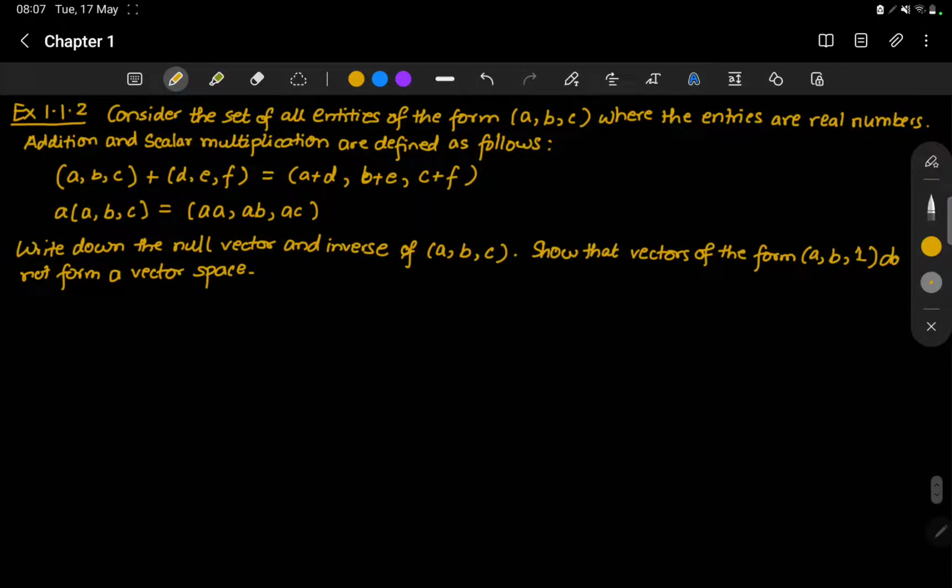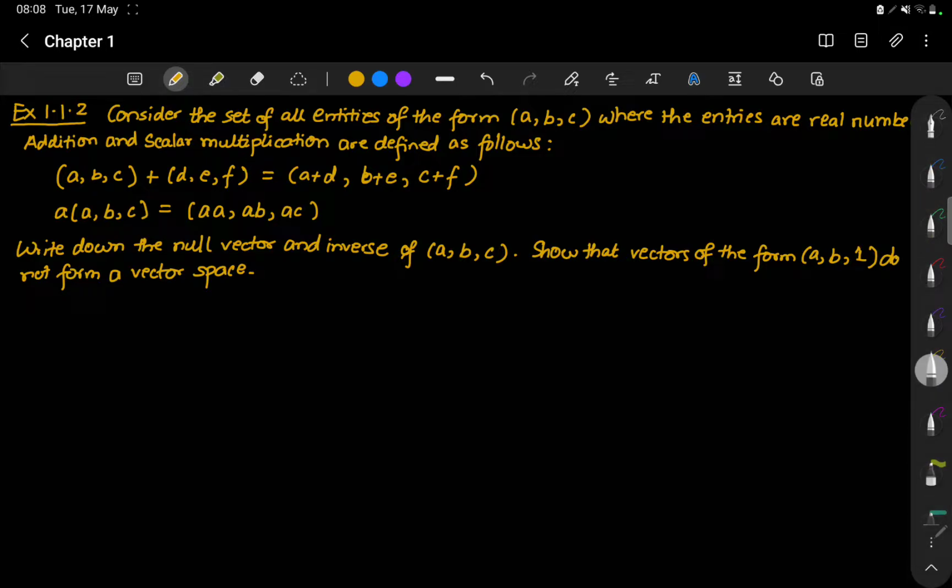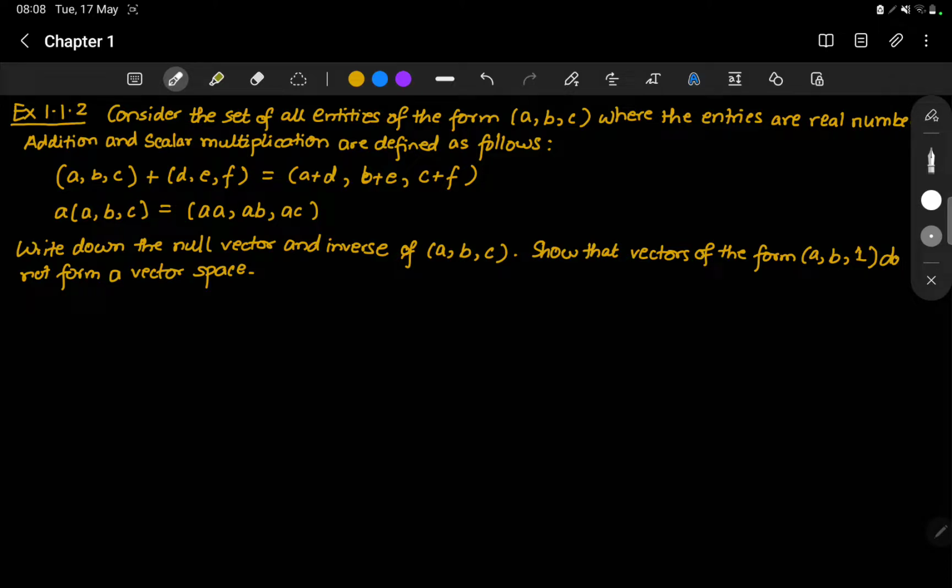When the question says show that a certain group of objects do not form a vector space, we mean to say that basically those axioms are not satisfied. So let us start solving this question step by step. The first part of this question asks us to find the null vector. So, null vector.